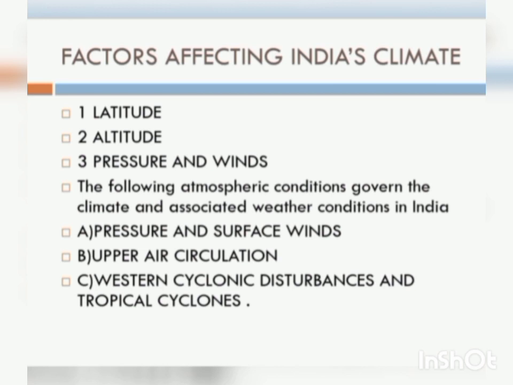Pressure and surface wind. India lies in the region of northeasterly surface winds. These winds originate and blow over land during winter from the subtropical high pressure belt of the northern hemisphere. These winds blow south, get deflected to the right due to Coriolis force, and move towards the equatorial low pressure region.